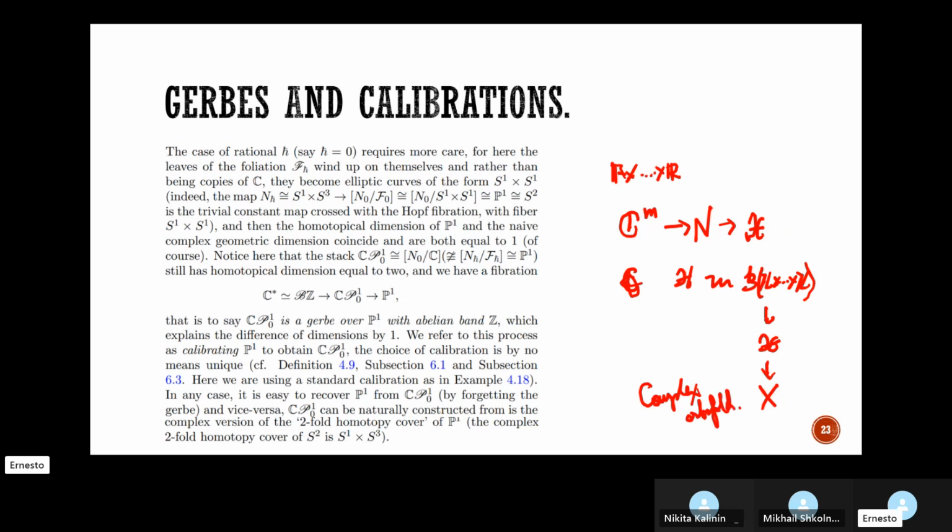In general, in this case, it's just P1. And these are the classical toric varieties, for H bar rational.